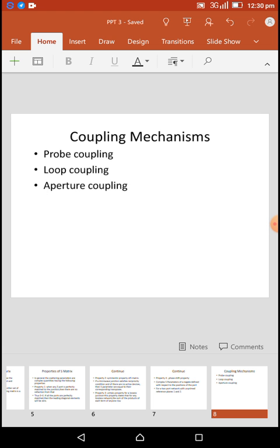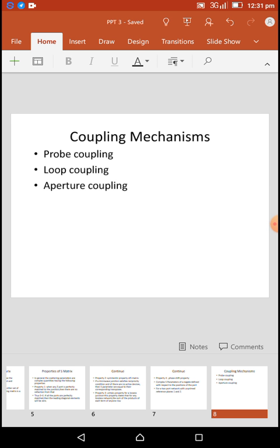The next one is coupling mechanism. There are 3 devices used to inject or remove energy from waveguides: probes, loops and slots. Slots means aperture coupling.